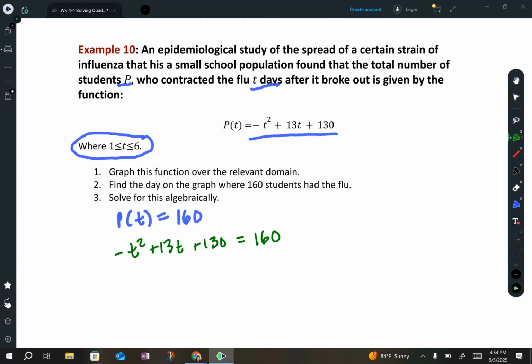All right, so the first thing I'm going to do is set this equal to 0. Oh, sorry, subtract 160. And so that's now equal to 0. So minus t squared plus 13t minus 30 equals 0.